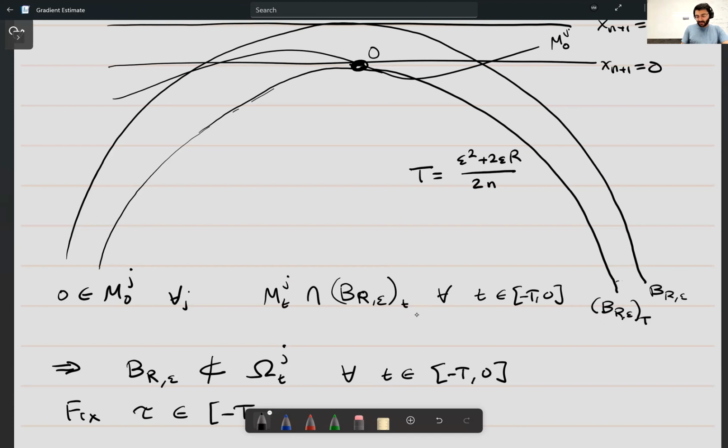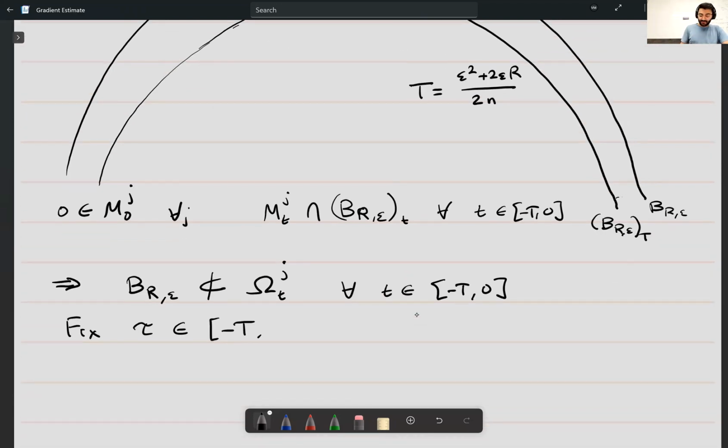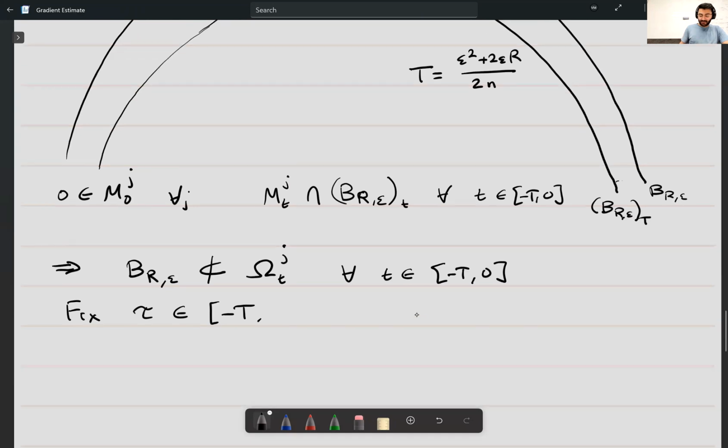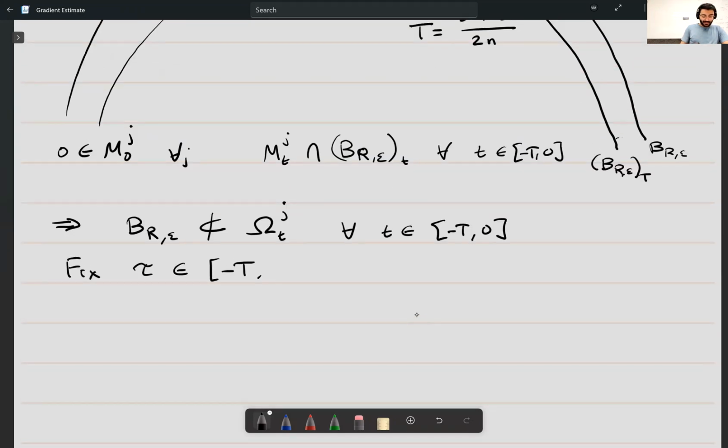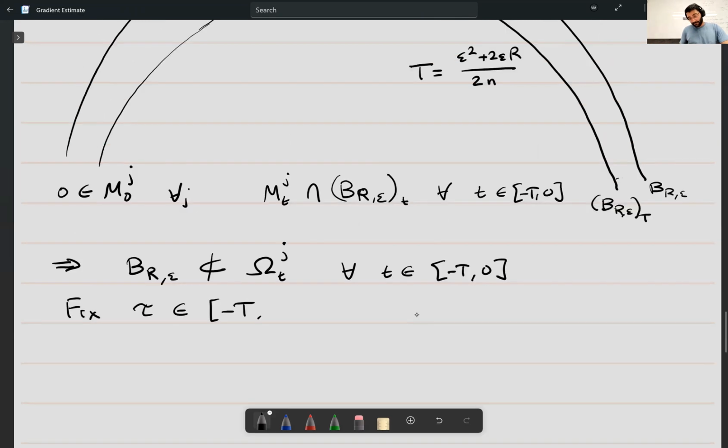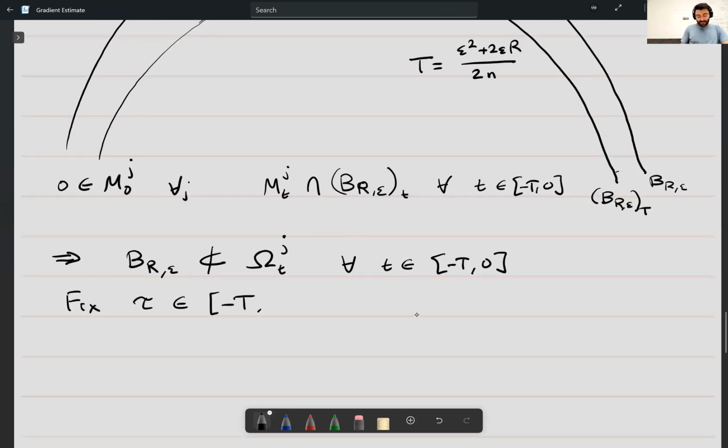The point is that if epsilon is small and r I can make large, this capital T can be made as far in the past as I want, up to minus J, right? So by taking J large or r large, this tau can be as negative as I want.